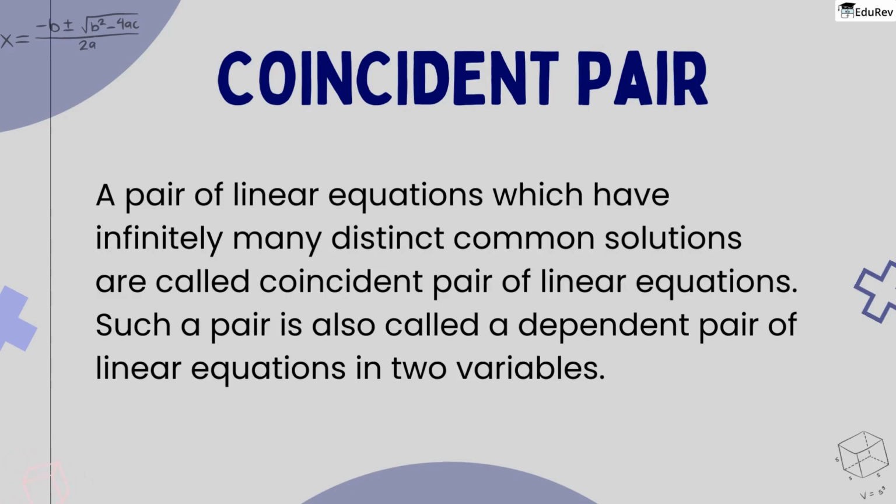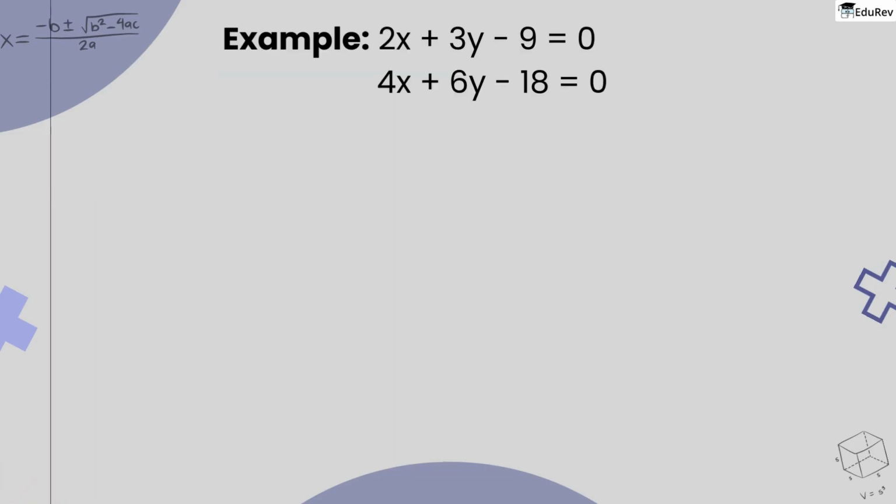Such a pair is also called dependent pair of linear equations in two variables. Let us understand this with an example. Take 2x plus 3y minus 9 equals 0 and 4x plus 6y minus 18 equals 0 as an example.